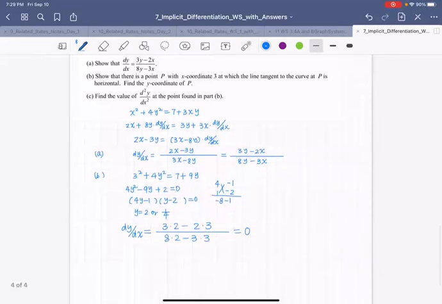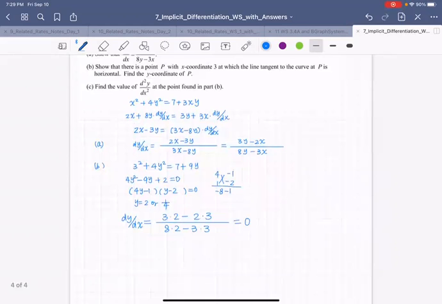So this is a horizontal tangent line, yes? And we want to check the other one. Go ahead, let's check.